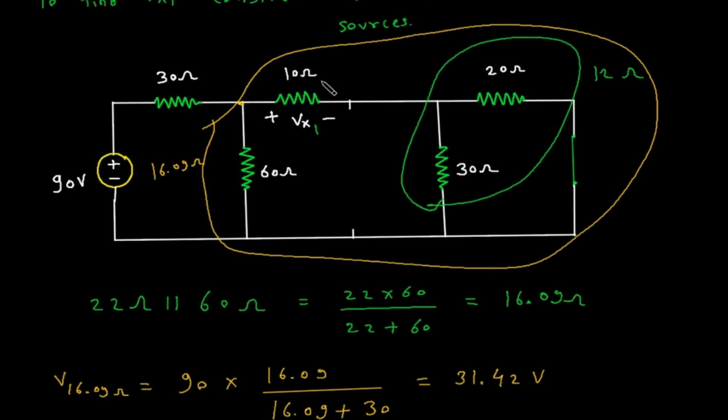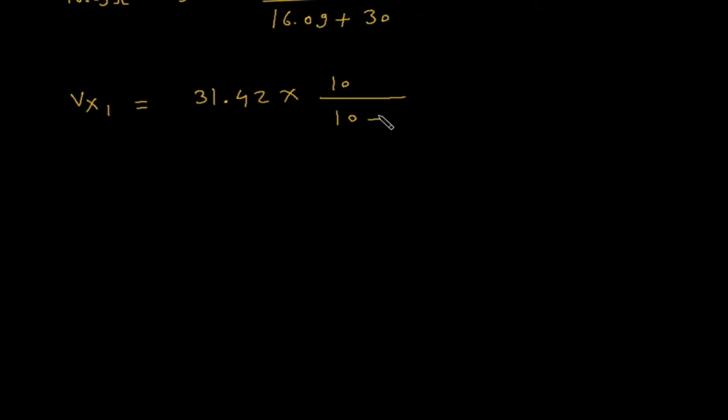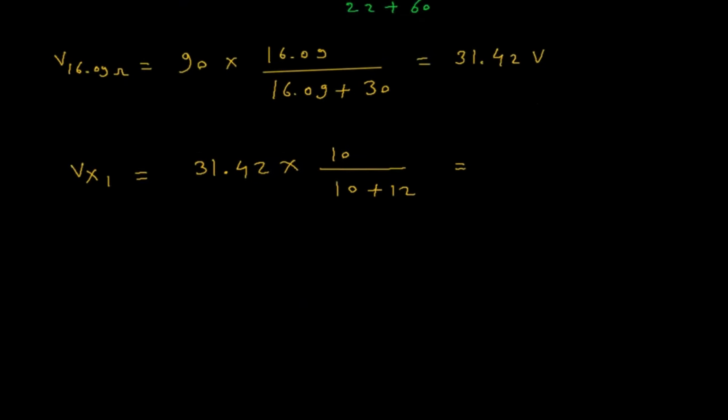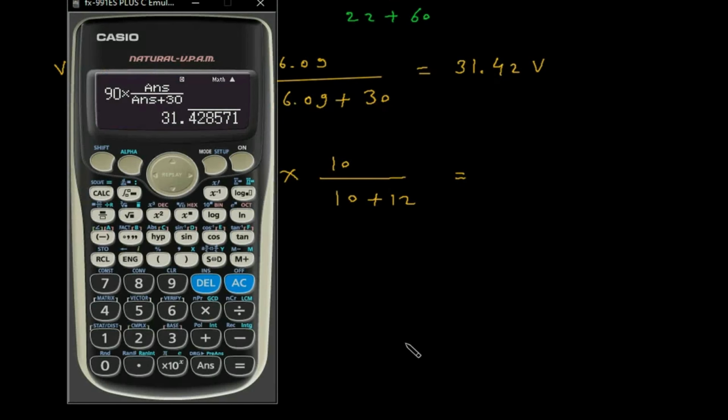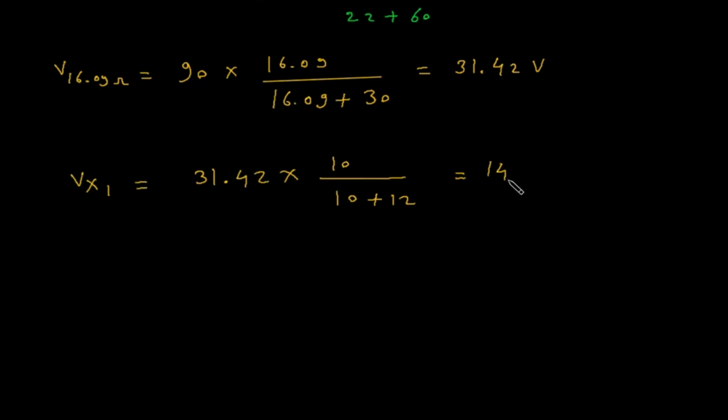So total will be 10 plus 12. So this will be 31.42 into 10 by 10 plus 12. 14.281 volt. So therefore Vx1 is equal to 14.281 volt.